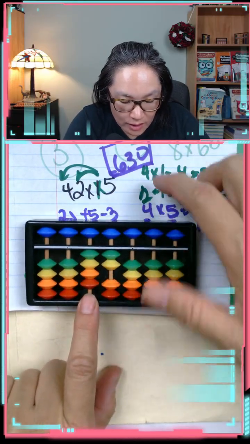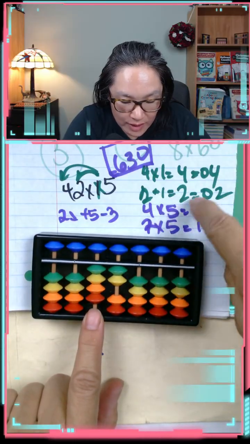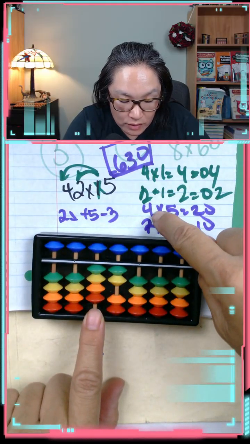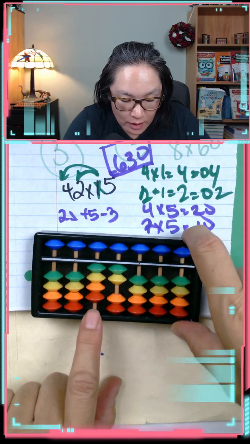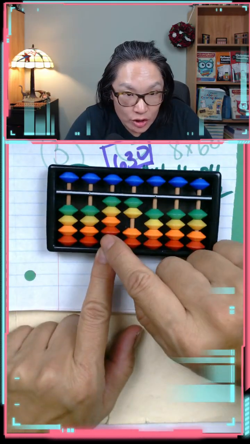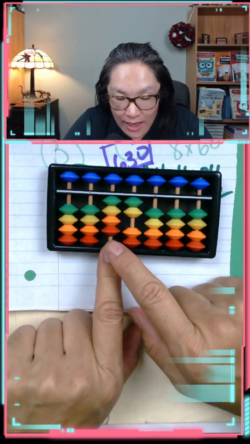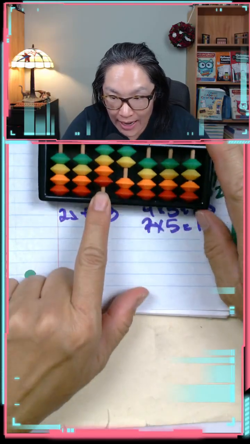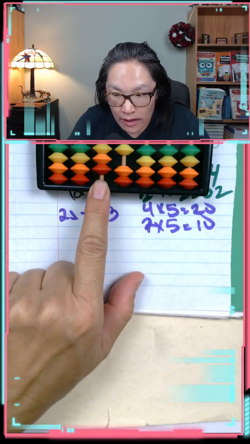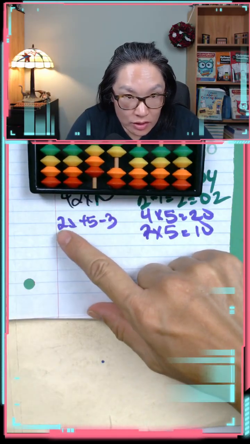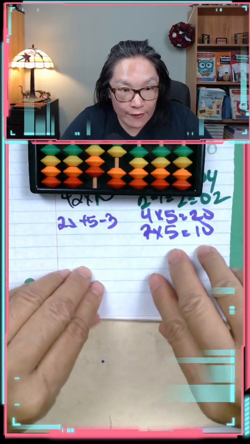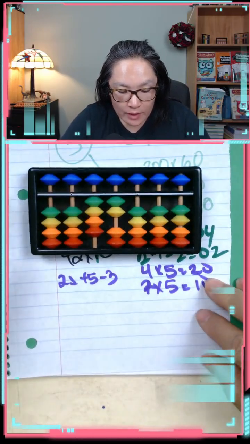This is where I talked about this, right? Because what do we do? 4 times 5 is 20. 2 and a 0. Add the 2. Can you add the 2 here? No, I cannot add the 2. I have to plus the 2, which is equal to plus the 5 minus the 3.